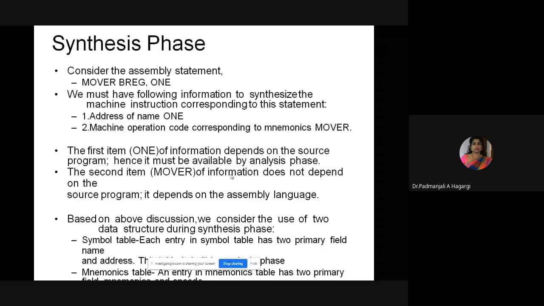So it picks the opcode value of the move. Suppose 8086 has something like 2, maybe 8085, the value may vary. So it all depends on the type of the assembly language. So next, based on the discussion, we consider the use of two data structures, that is the symbol table and the mnemonic table.